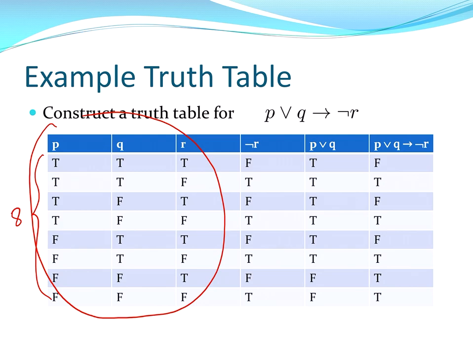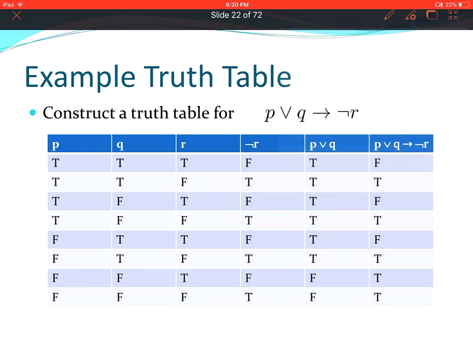The way we construct that generally is for the leftmost atomic proposition, we would say true, true, true, true, false, false, false, false. And then the next one over, true, true, false, false, true, true, false, false. And then the last one will just be true, false, true, false, true, false, true, false. That way we can ensure that we're getting all possible values of the atomic propositions.